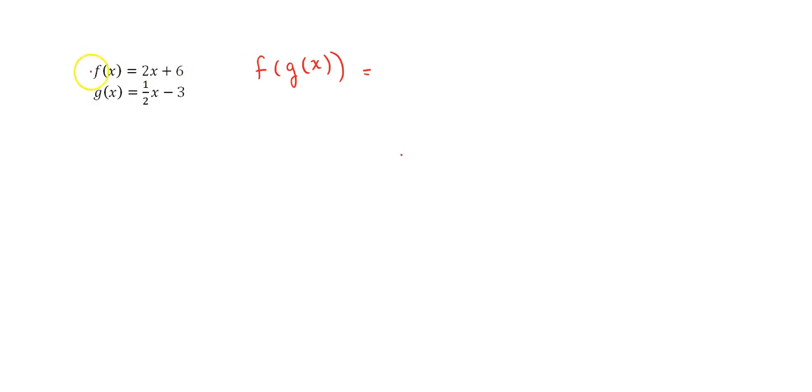Here I'm actually going to write this in two different ways. One is we're going to start with the f of x, and then we're going to input the g of x. All right, so I'm going to have my 2, and I'm going to leave a big old space for my replacement x.